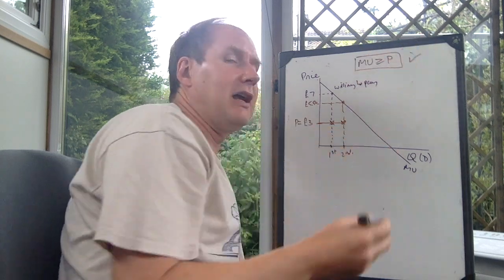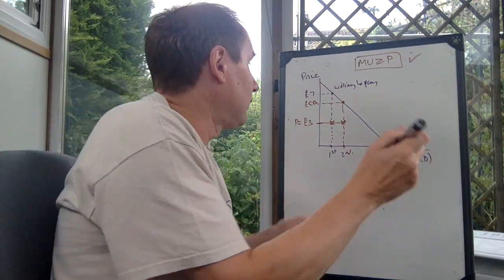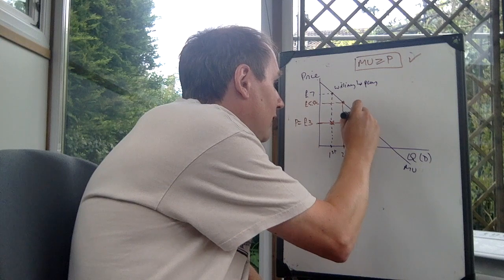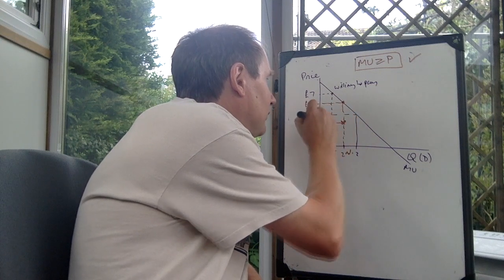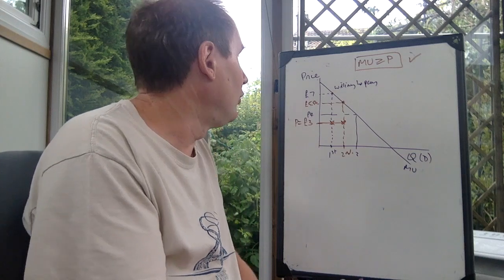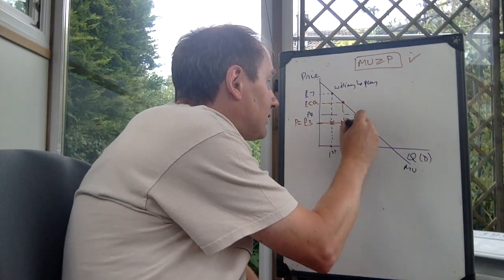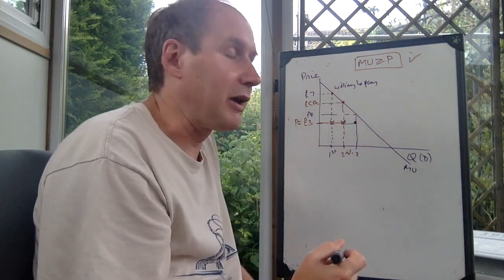Let's look at the third unit. Here they're willing to pay, say, £4 for it, so that one again would be bought, because the price is still £3 and you're willing to pay £4.